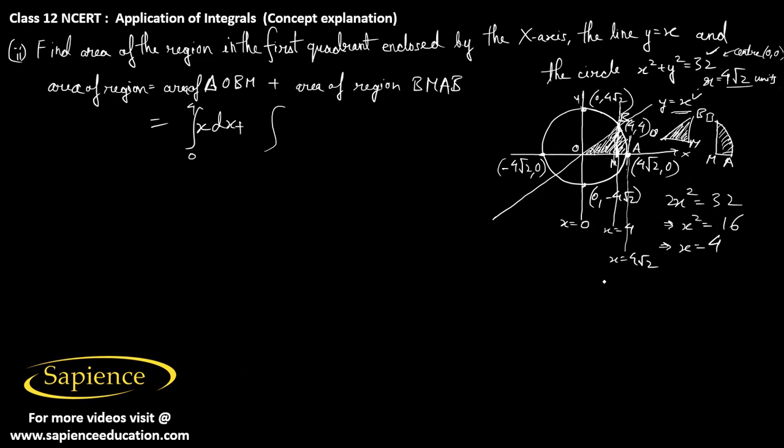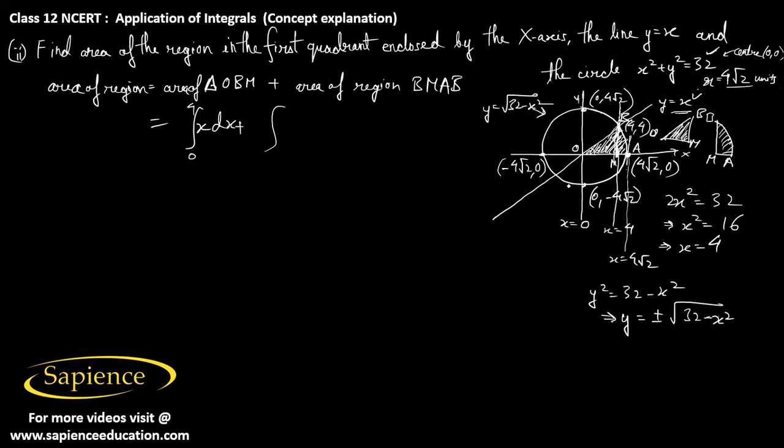if we solve this circle, then we will get y² = 32 - x². So then y will be equal to plus or minus √(32 - x²). It means that for the branch of the circle above the x-axis, its equation will be y = √(32 - x²).